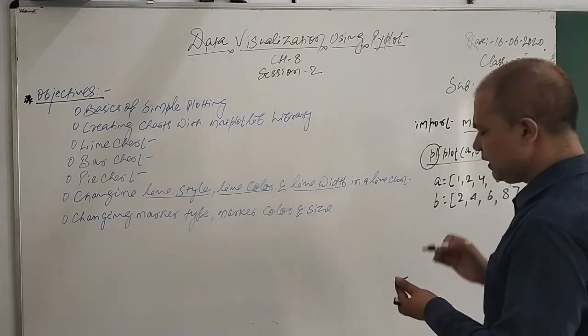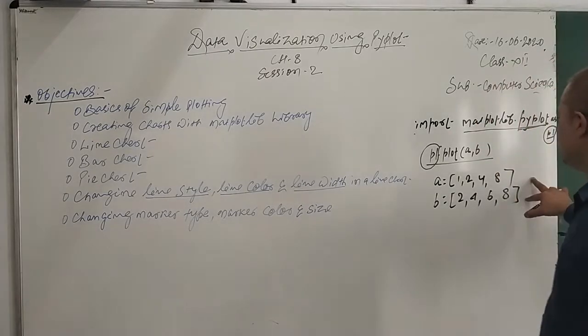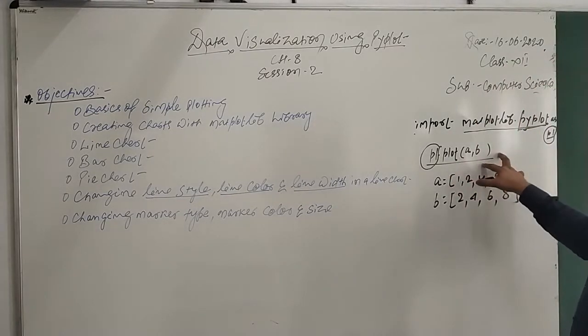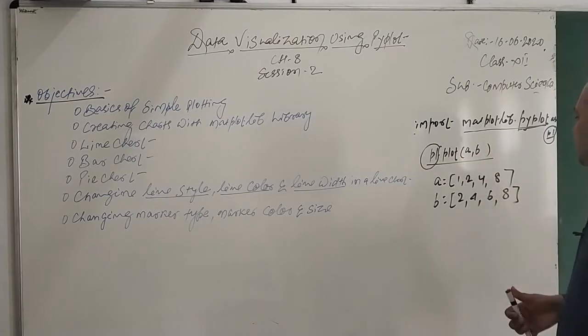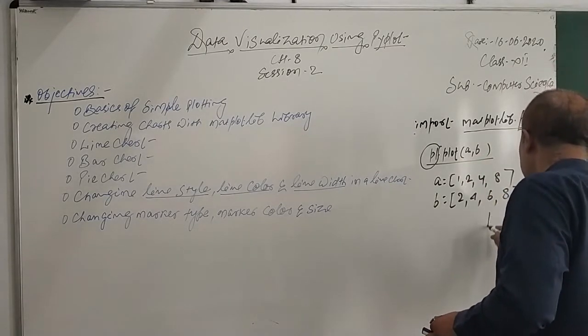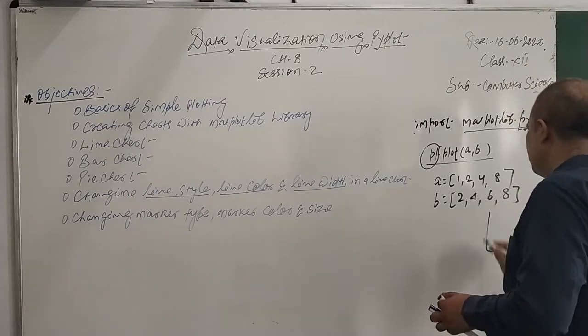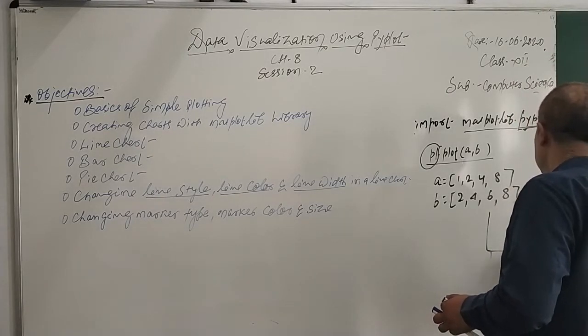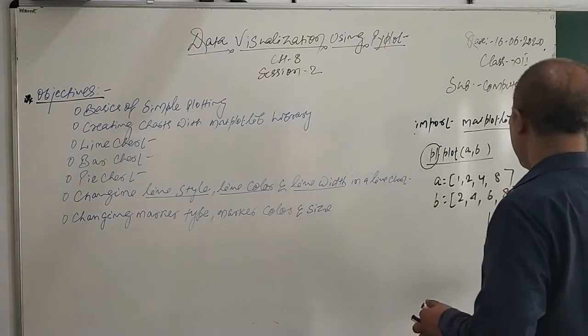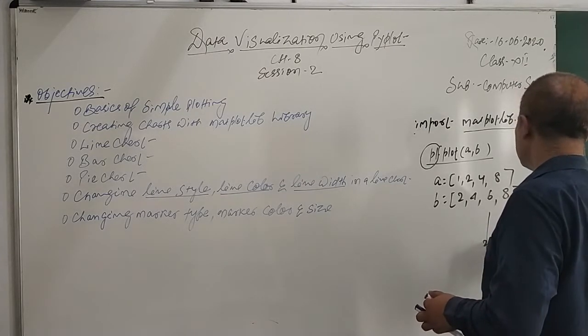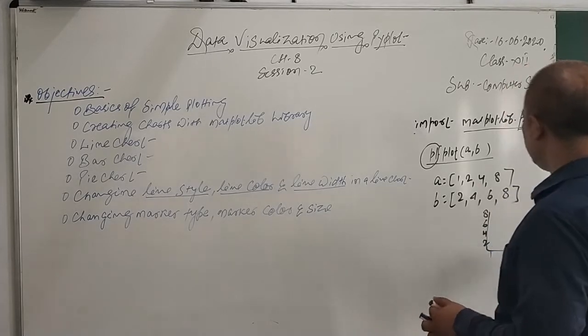Now these are the two lists, or two arrays, I have, and I pass them with plot(A, B). If you consider this line chart, on this side it will be 1, 2, 4 and 8, and on the other side 2, 4, 6 and 8, and the chart will be drawn on this.